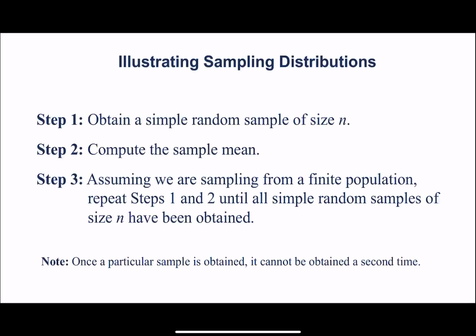It is quite possible you could end up with the same person in two different samples, but it wouldn't be all the same people. You can't have the exact same sample twice. So just keep taking your random samples and find the means of those samples, and then take all of those means and find the mean of those means.